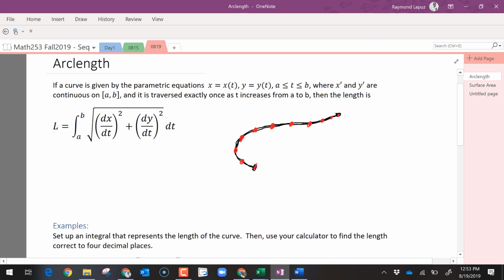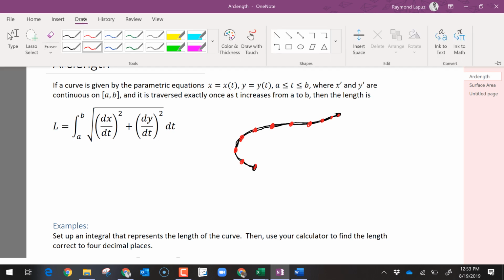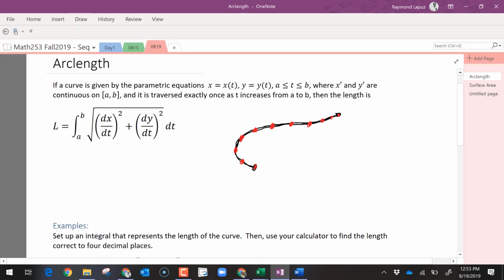And then we're going to find the length of a small piece of this. And to simplify things, we'll just find the length of a line connecting 2 points. So what we would be interested in doing is finding the length of a line.